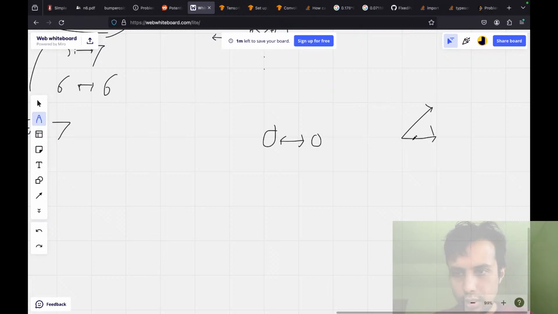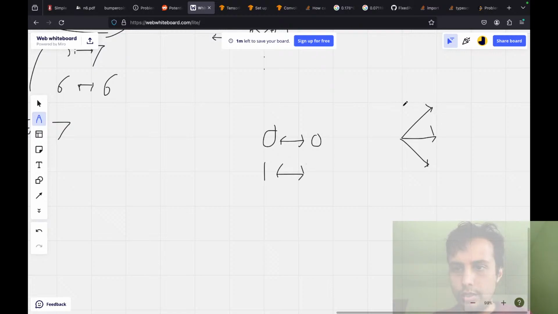So 0 vertically, wait, what am I doing? That's horizontal. So 0 maps to itself, and flipping 1 vertically means that whatever this vertical thing with the up component becomes down, and the x stays the same. So this becomes like that. So 1 maps bidirectionally to 7, right?